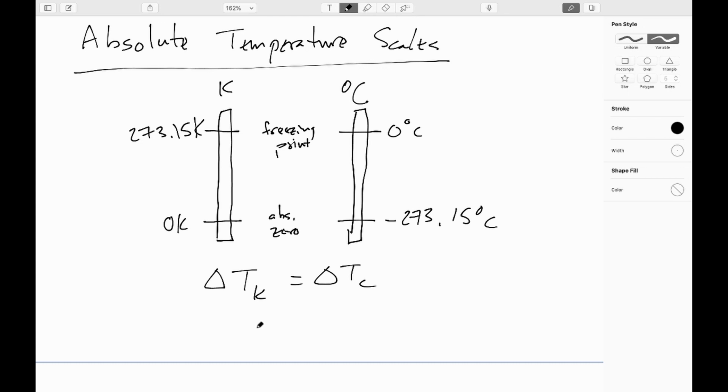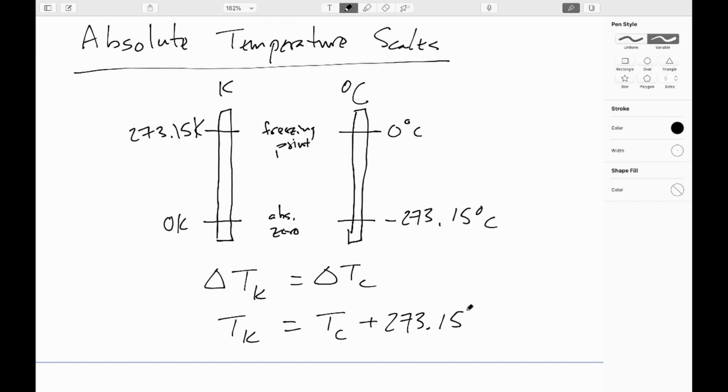So all you have to do is change your C degree to a K and you're done. Now if you're doing a reading, since the degrees are the same size, you don't have to adjust for the size of the degrees. You just have to shift all the readings by 273.15 to account for where 0 is on the Kelvin scale.